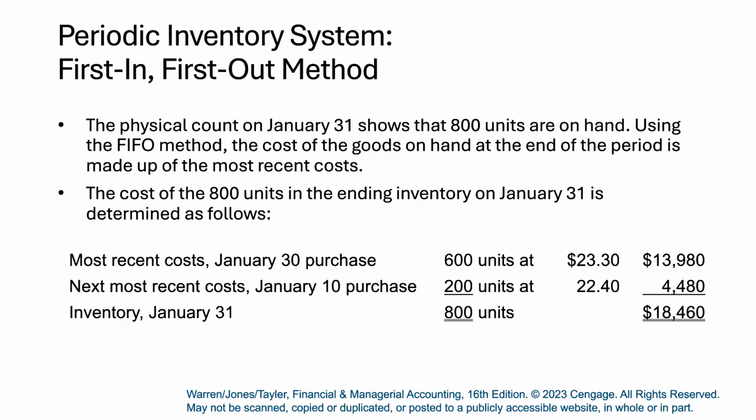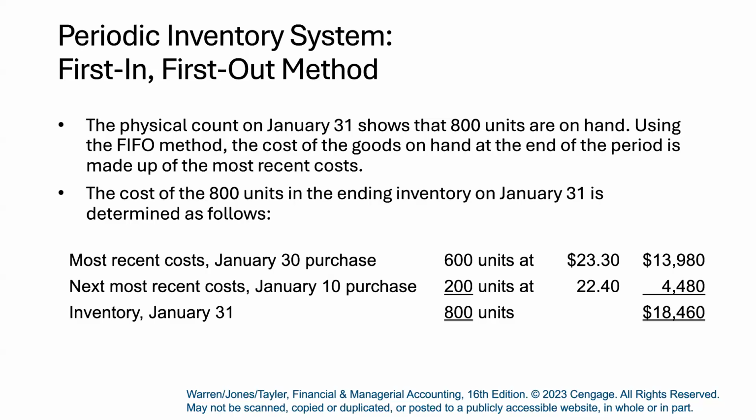With this, you just get to the end of the period, and then you say, with first in, first out, we're going to assume we sold the oldest units. With 2,100 units and 800 left, we're going to assume we sold the 1,300 oldest units, and that the ones remaining are the 800 newest units. So it's very similar, except we don't update the inventory each time we make a sale.